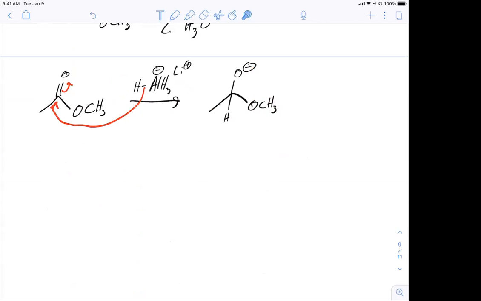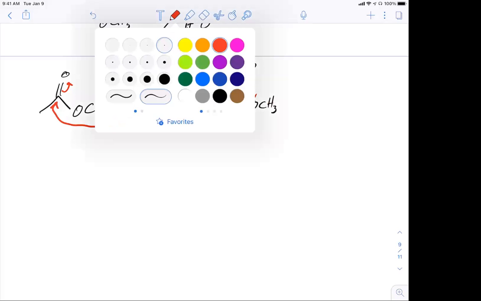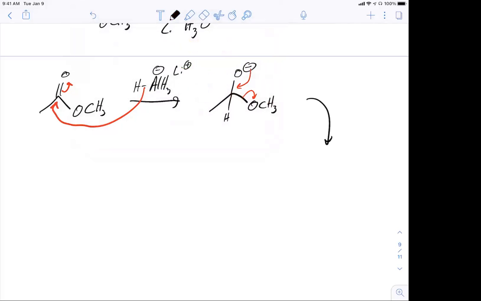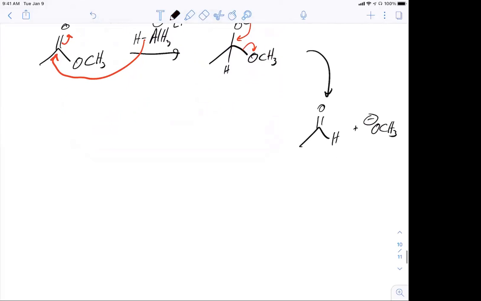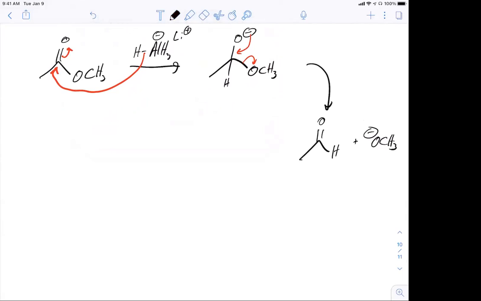So I have a potentially decent leaving group that doesn't substantially change the stability of the total solution. What I've recreated here is an aldehyde. So hydride attacks the ester, the hydrogen adds, the oxygen negative comes down, kicks off the methoxide, and now we have an aldehyde.